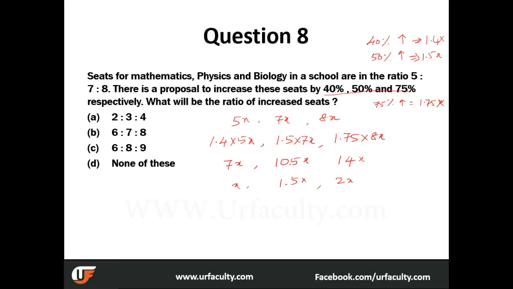We are left with these options. So let's look at the answer now. Basically what does it mean? It means 1 is to 1.5 is to 2. Do we have any options which mean the same here? No. How do we bring it to that?